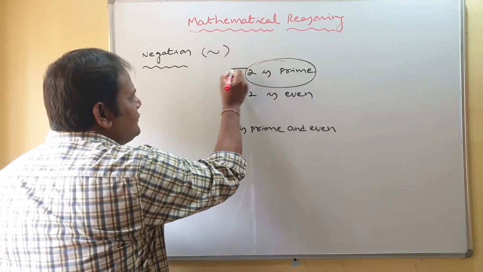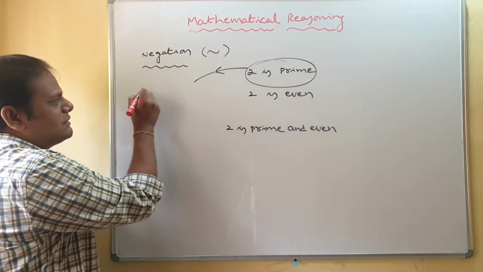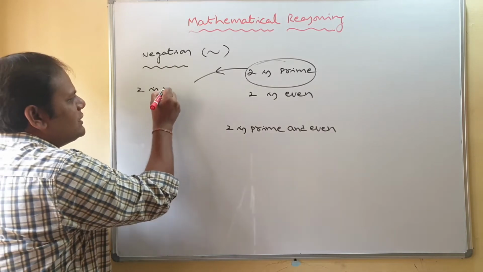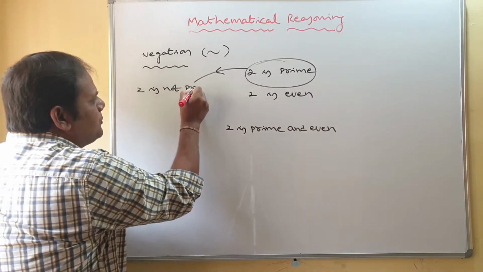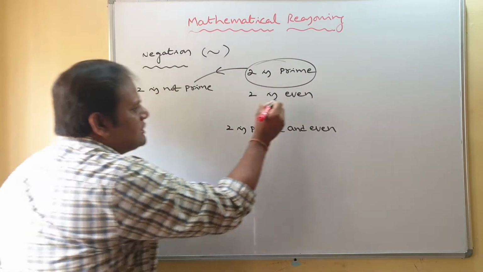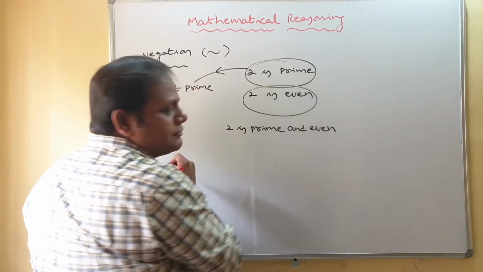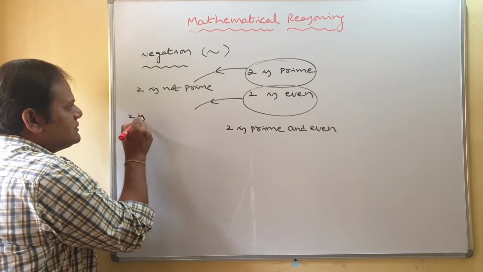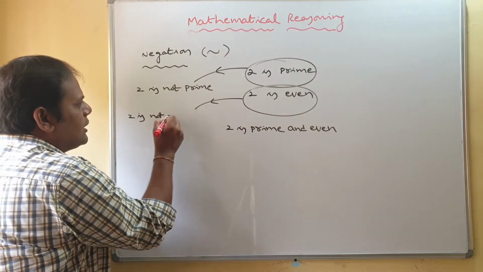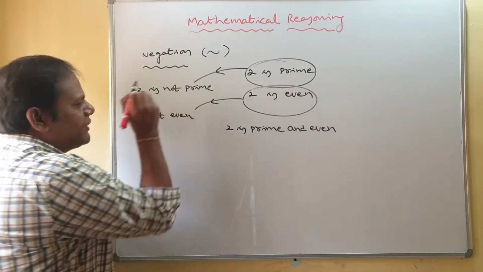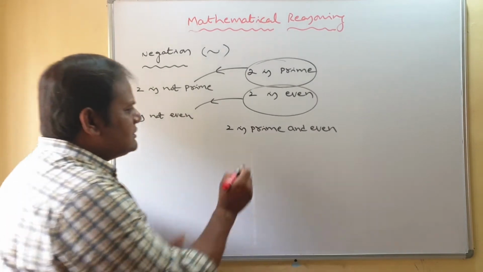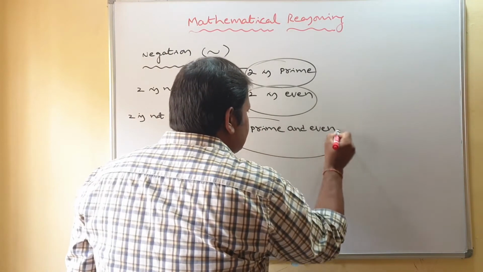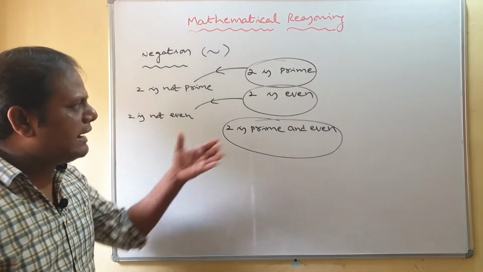Yes, correct: 2 is not prime. Suppose 2 is even. What is its negation? 2 is not even. Suppose the compound statement is 2 is prime and even.